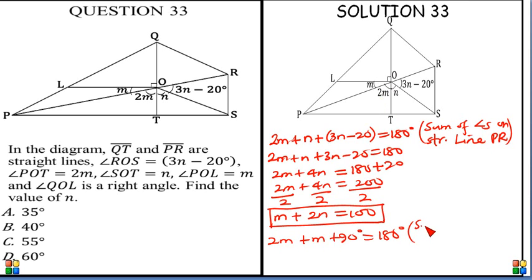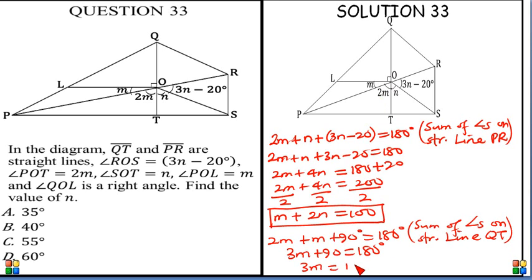That's because they are the sum of angles on a straight line, left hand side of QT. If we do this, 3m plus 90 is 180, and 3m is going to be 180 minus 90, which is 90 degrees. So m will be 90 over 3, which is 30 degrees.